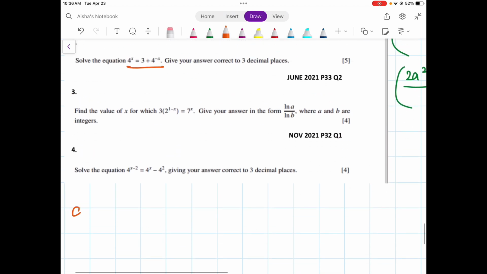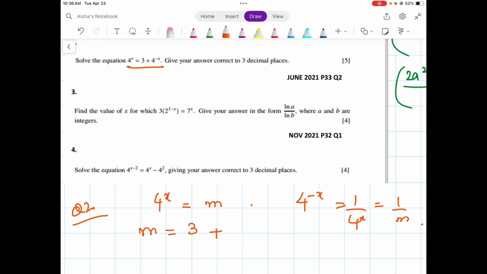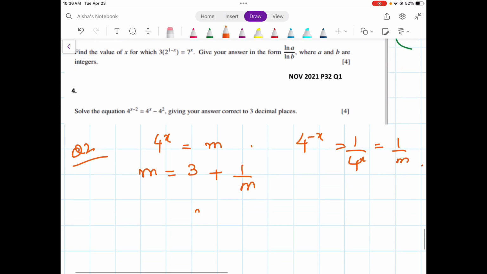This question is also substitution. You can say 4 power x equals m. 4 power minus x is 1 upon 4 power x, so it will become 1 upon m. m equals 3 plus 1 upon m.